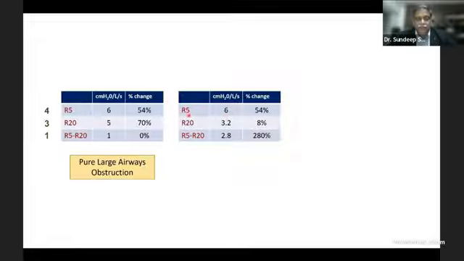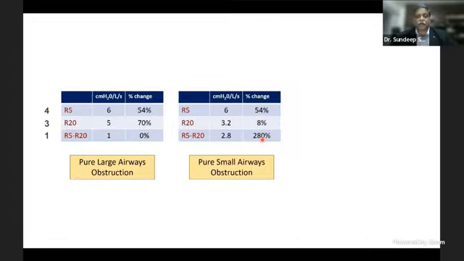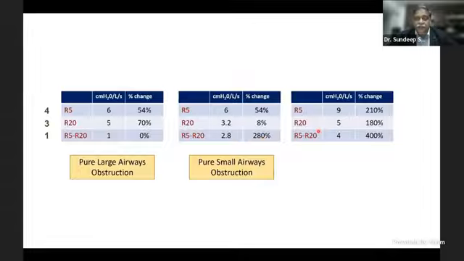Another example, R5 is increased, R20 is normal, and R5 minus R20 is increased. So normal R20, increase in R5, increase in R5 minus R20. Where is the obstruction? Purely in the small airways. Another example, R5 is increased, R20 is increased, R5 minus R20 is also increased.